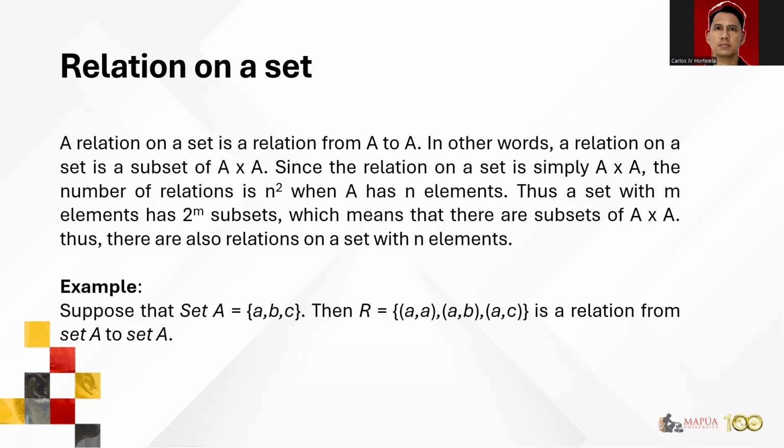So your universal relation can only have a maximum of what? 9 combination pairs. But as I mentioned, it does not necessarily mean that your relation set, which is not a universal relation, may have all of these ordered pairs. So as you've seen in this given example, my relation set only contains the following ordered pairs. I have A, comma A, comma B, A, comma C.